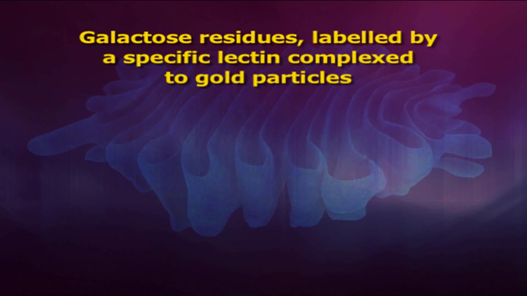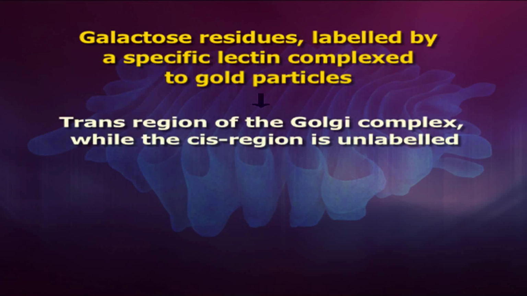The morphological and histochemical evidences indicate a possible heterogeneity of function within the Golgi complex. For example, galactose residues labeled by a specific lectin complexed to gold particles are localized in the trans region of the Golgi complex, while the cis region is unlabeled.